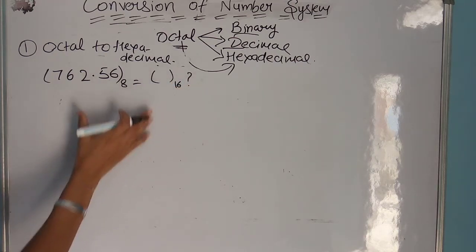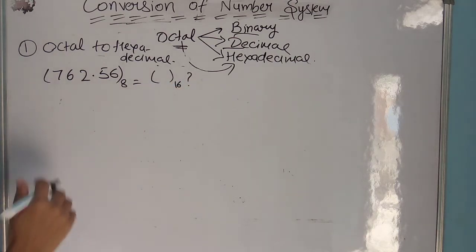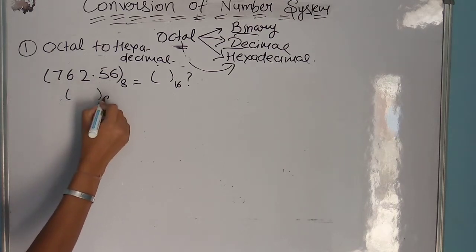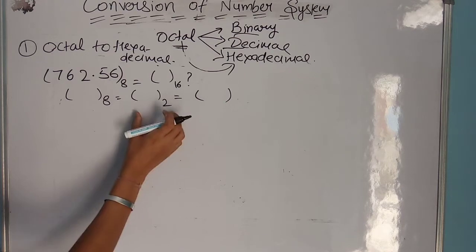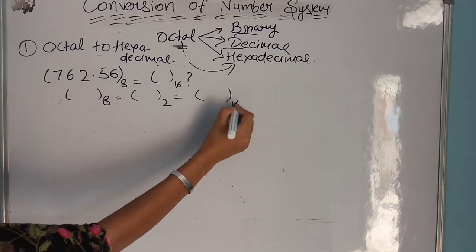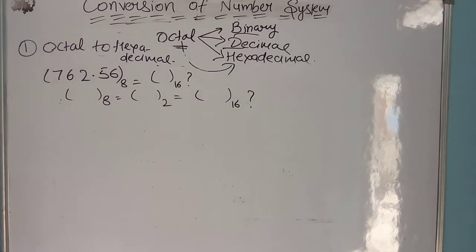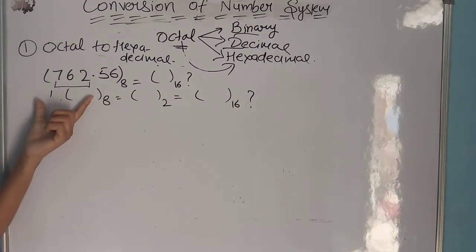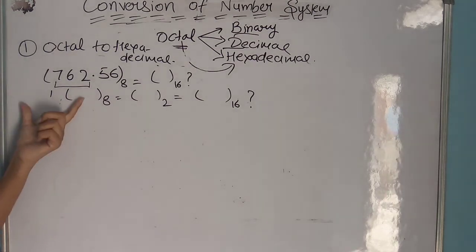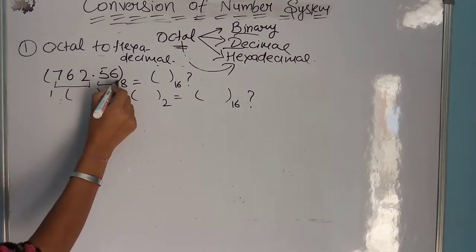So now we follow the previous rule. First we convert the octal number into a binary number, and after that this binary number into a hexadecimal number. Okay, so now change this number, and this is the first group or first part, we can say, of our question, and this is the second part of our question.